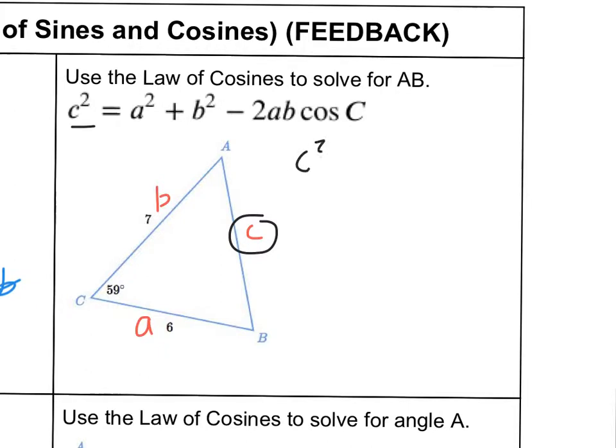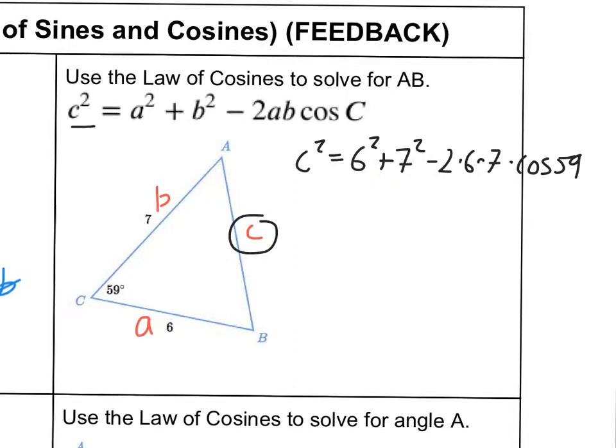So we've got c squared is equal to 6 squared plus 7 squared minus 2 times 6 times 7 times cosine of 59. And when I type that in, that's going to be 6 squared plus 7 squared minus 2 times 6 times 7 times cosine of 59.